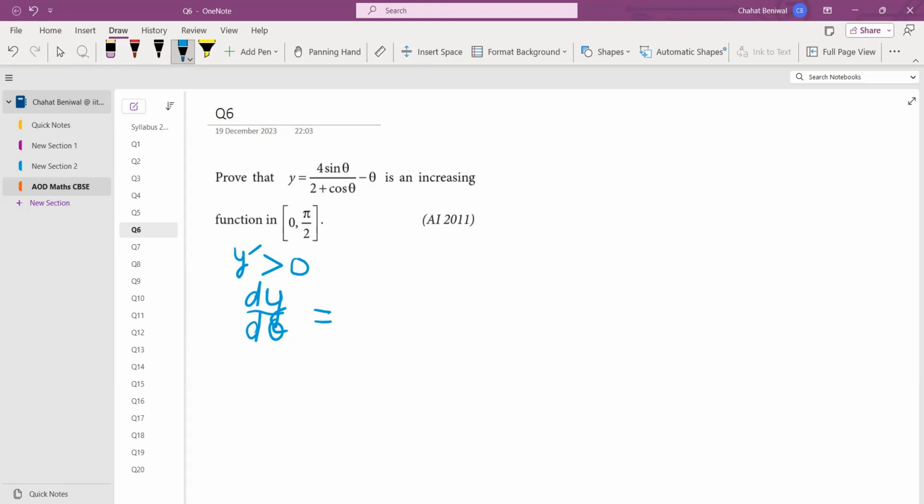Meanwhile, I'm solving this. You can also try this question on your own.